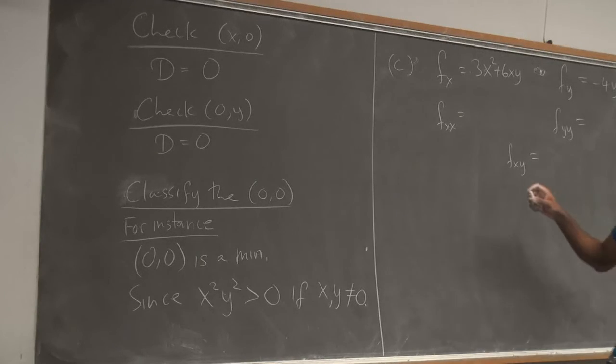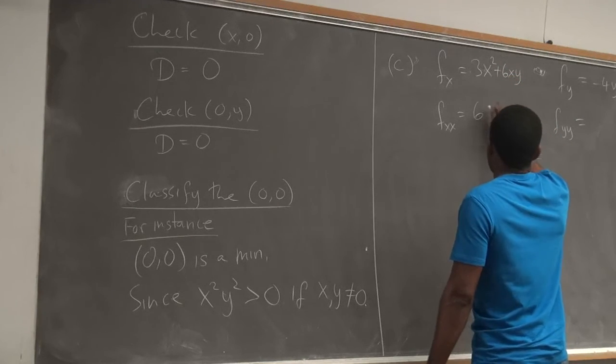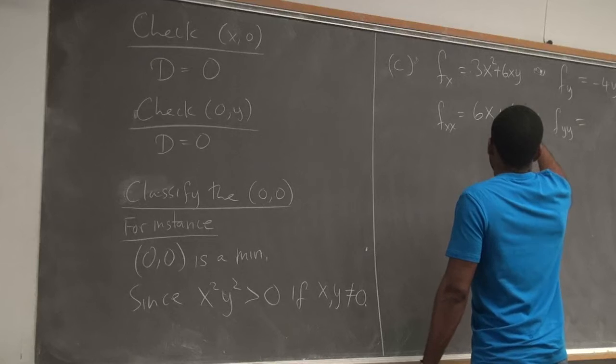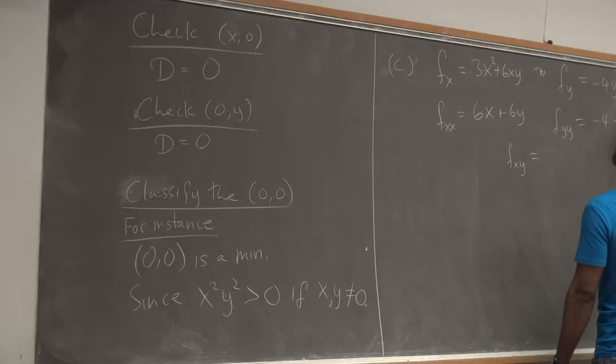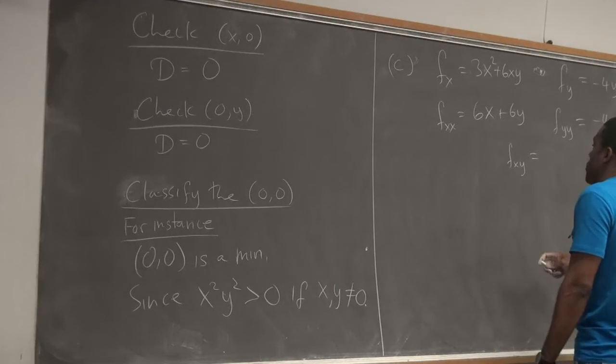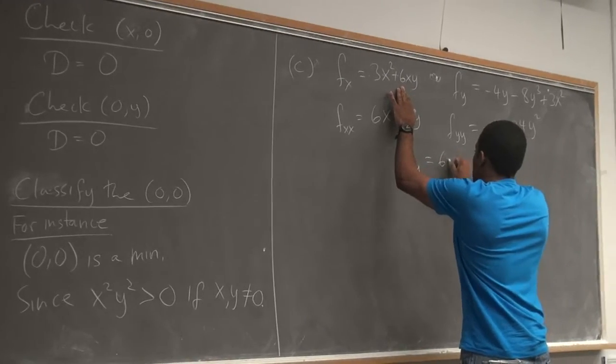Okay. And fxx, differentiate this with respect to x. 6x plus 6y. Fyy, differentiate this with respect to y. Minus 4y squared. Fxy, I can differentiate this with respect to y, for example.